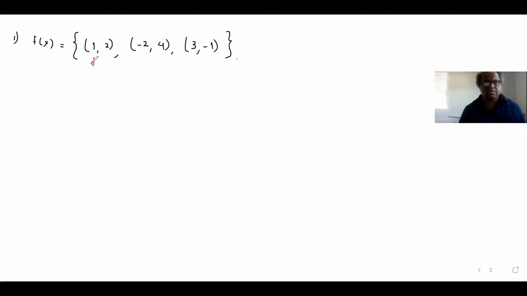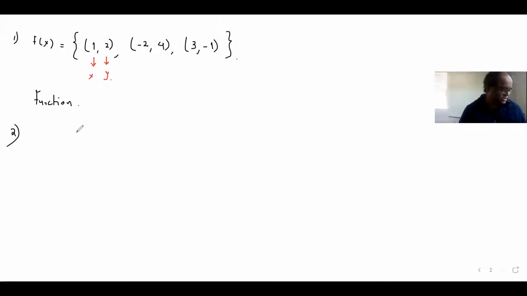This is always x and this is always y. If my x value is unique, or if x value never repeats, then the given relation is a function. This is a simple definition without going into the technical definitions of functions. So this is a function.